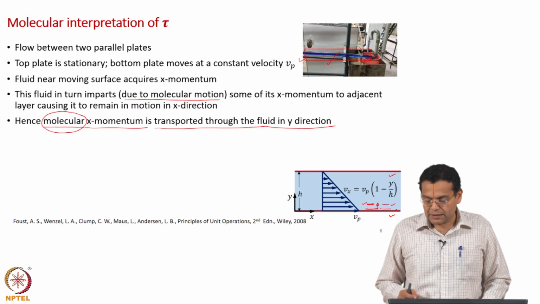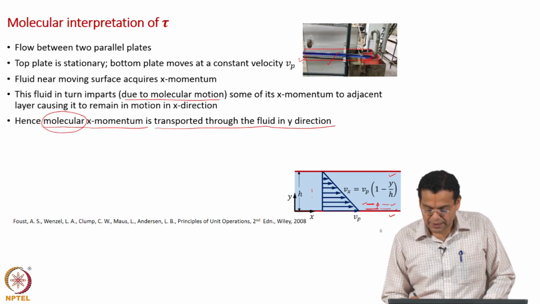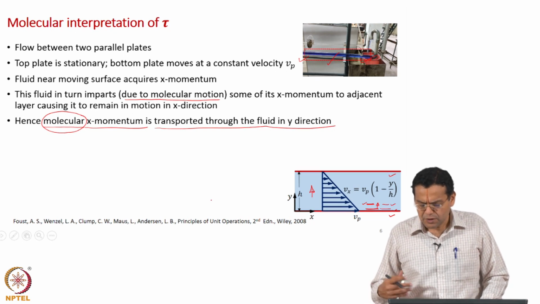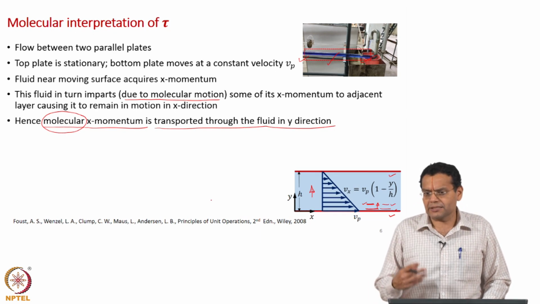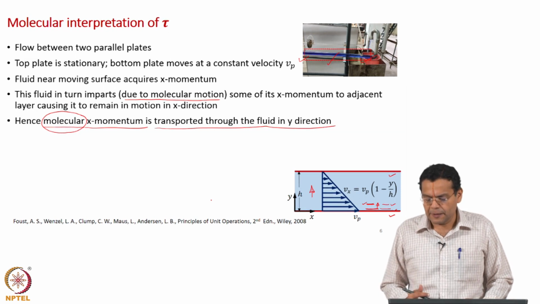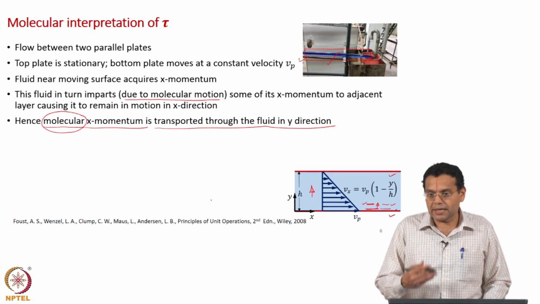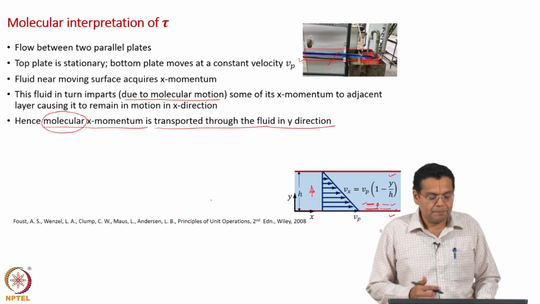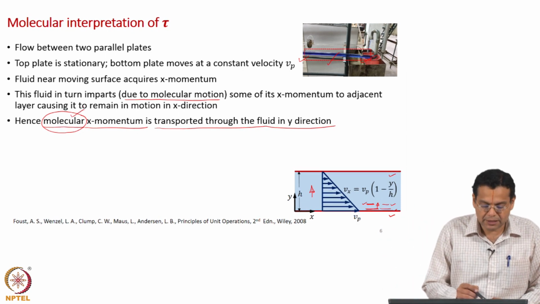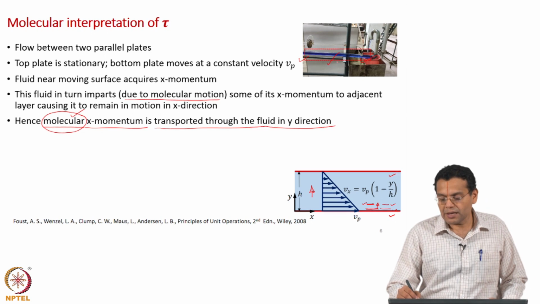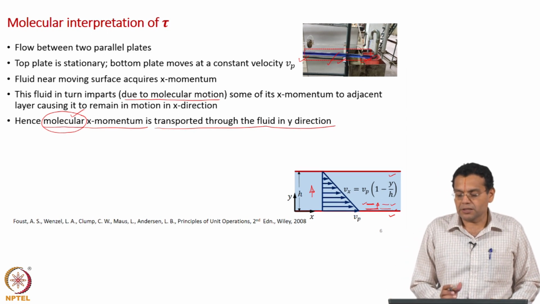In the present case, in the y direction, remember there is no convection, there is no bulk flow in the y direction; you have bulk flow only in the x direction. So, x momentum gets transported in the y direction because of molecular motion, and hence this momentum is called molecular x momentum, in contrast to our usual convective momentum, which is because of bulk flow.